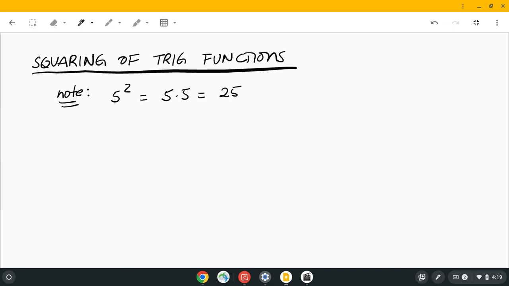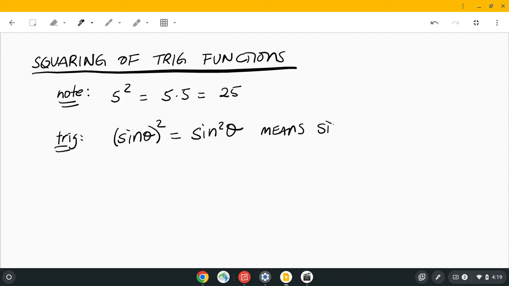Here in trig, if I want to do sine theta squared, we don't really write it like this. We actually write it like this, sine squared theta. And this means the same thing: sine theta times sine theta.